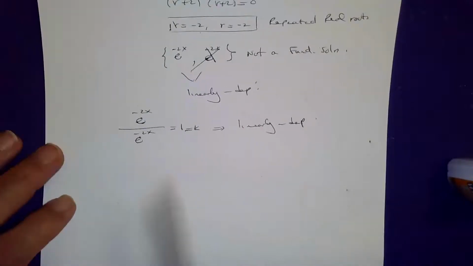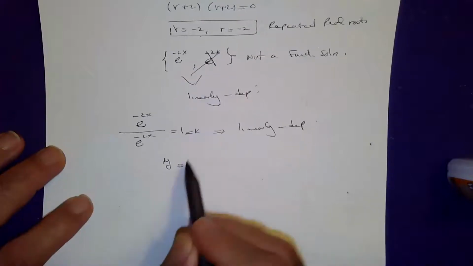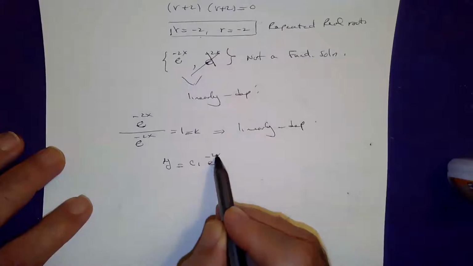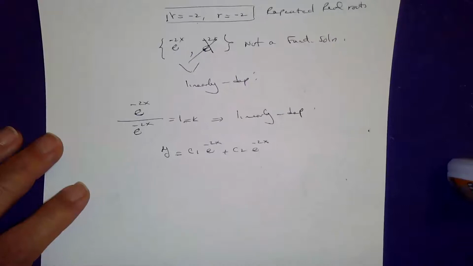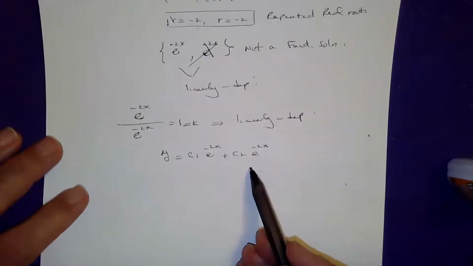So if you say a linear combination of these guys, check this out. You're supposed to write C1 e to the negative 2x plus C2 e to the negative 2x. Remember, we were supposed to have two C's, but this isn't two C's. Why?